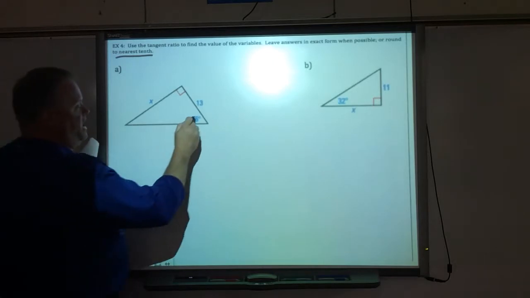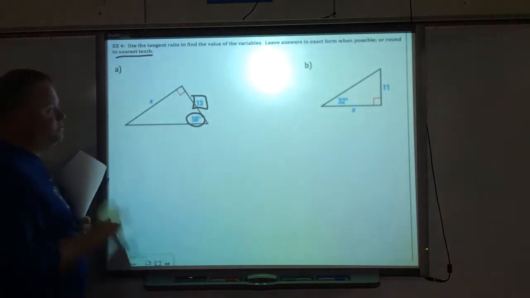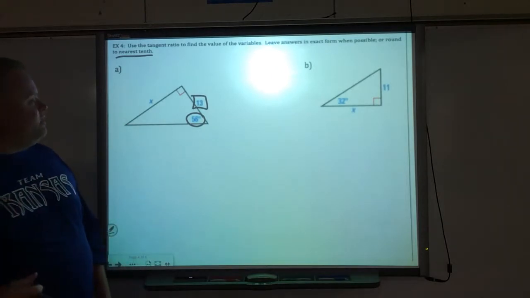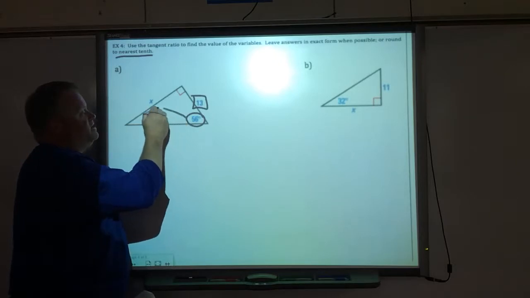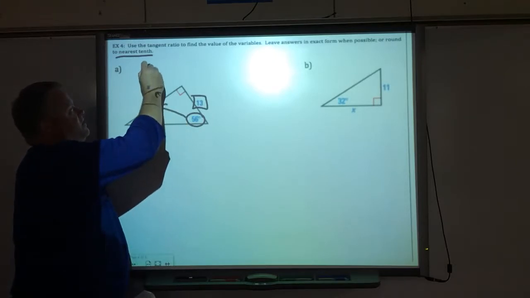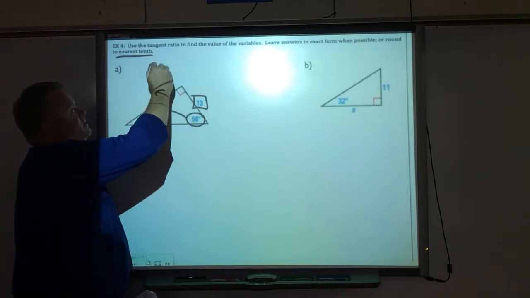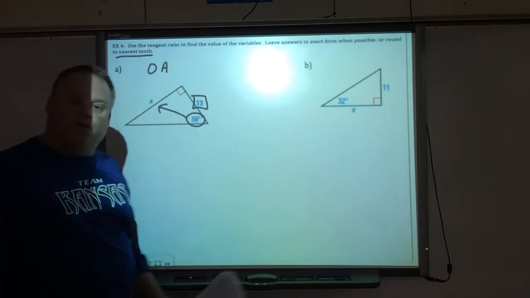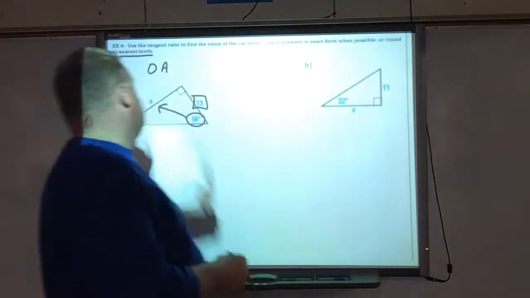Well, I'm given an angle here, and I'm given a side. I'll box 1 and circle 1. So what do I want to do? If my angle is here, this x is on the opposite side, so I've got an opposite. This is adjacent. What is the only one of our trig ratios, SOHCAHTOA or TOA, that has an O and A?